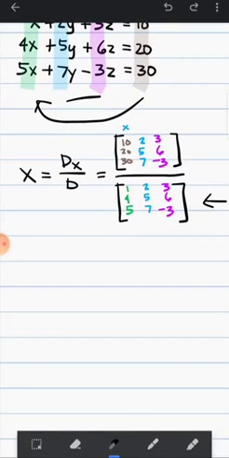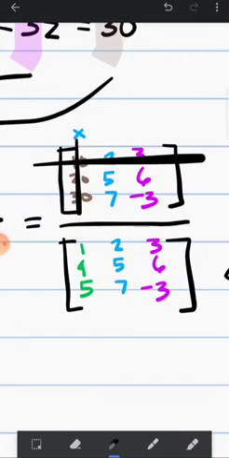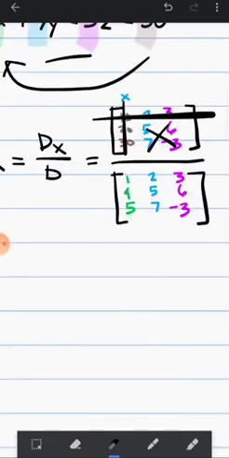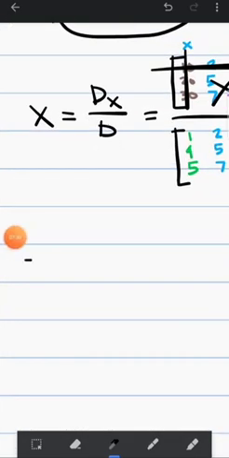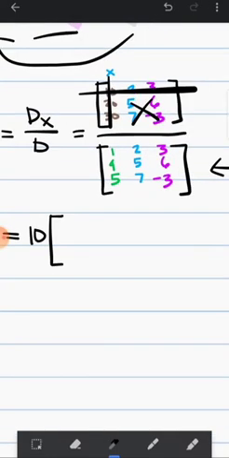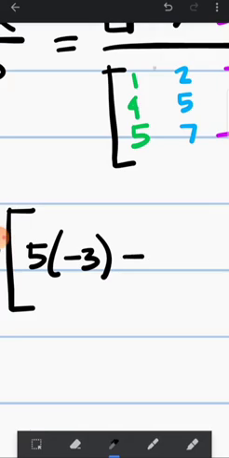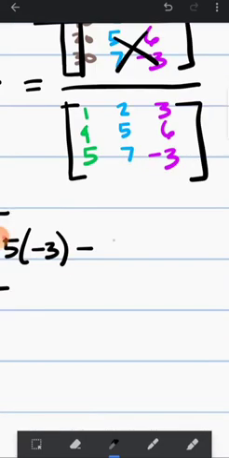Then to simplify this one above, all we have to do is cover up the column and row. So that's 10, and then multiply this. So 10 times 5 times negative 3 minus 6 times 7.